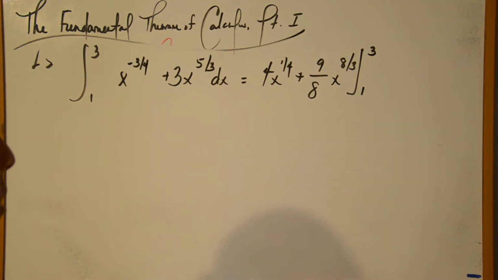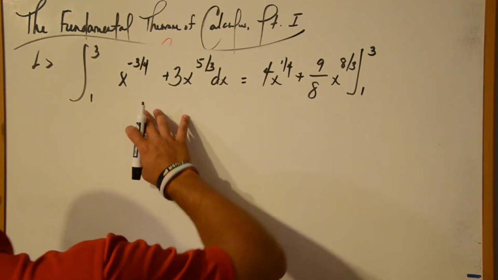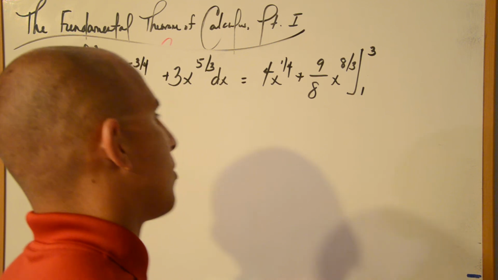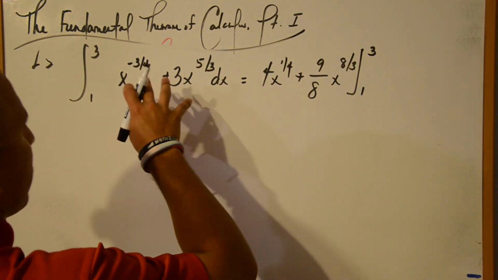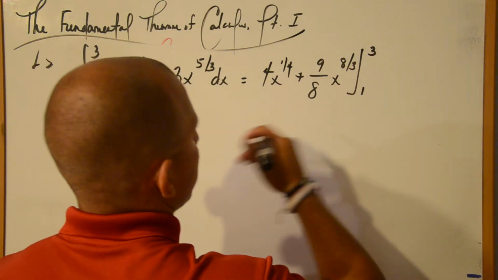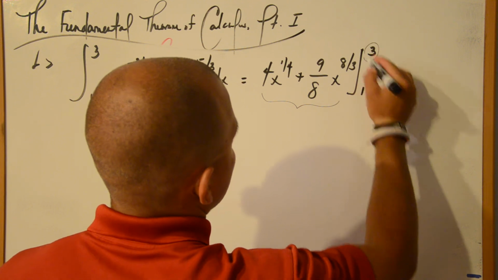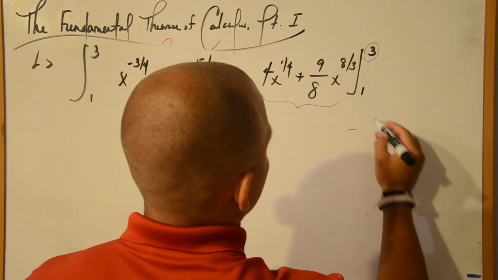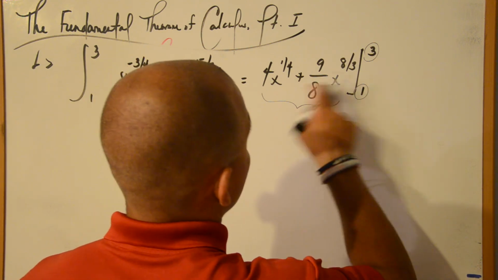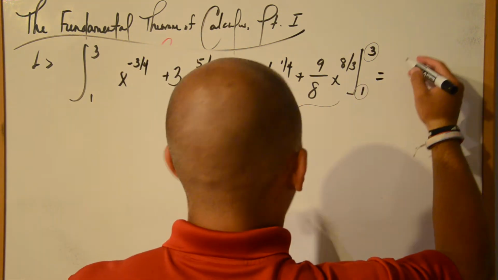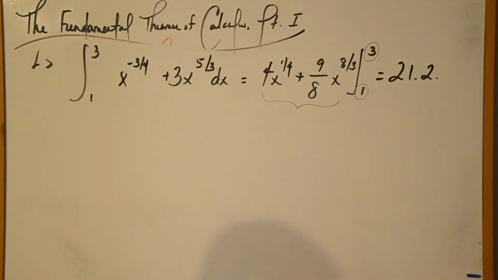We don't necessarily need to first establish, okay, here's my antiderivative, okay, then let's write this, then let's write capital F of 3 minus capital F of 1, so on and so forth, okay? We can integrate, and we can plug in our bounds, right? So we're going to plug in this with 3, and then we're going to subtract that same expression with 1. It's clearly gnarly, so I'm going to spare you and myself. But if you wanted to work it out, the value is 21.2.